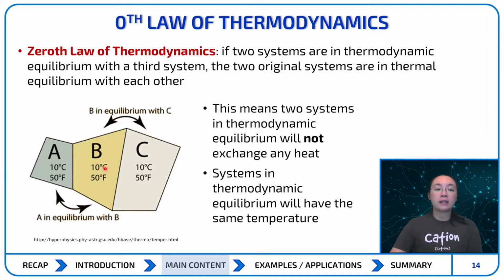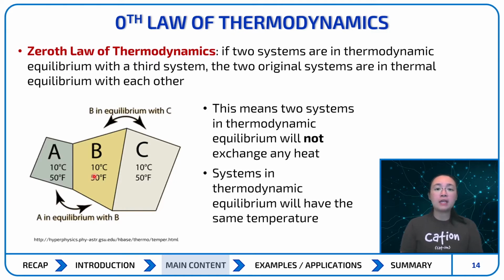Now, if you say that B is also in equilibrium with C, it means that B and C also can't exchange heat with each other. They're currently in a state where the two of them are in equilibrium, and that means they also share the same temperature. So if you look at all three systems together, B cannot be the same as A without being the same as C. So therefore, all three systems, A, B, C, have to be in equilibrium with each other, especially if we talk about thermal equilibrium.